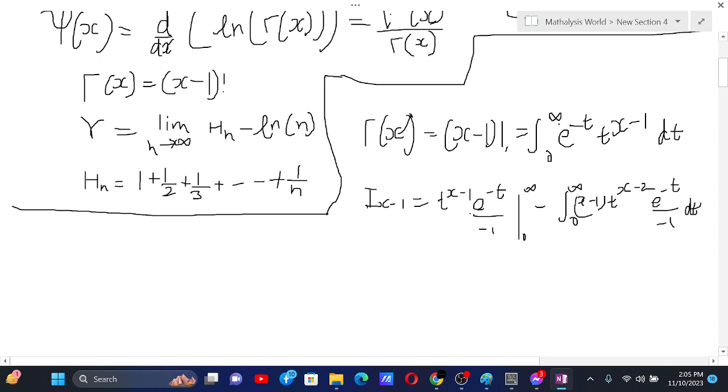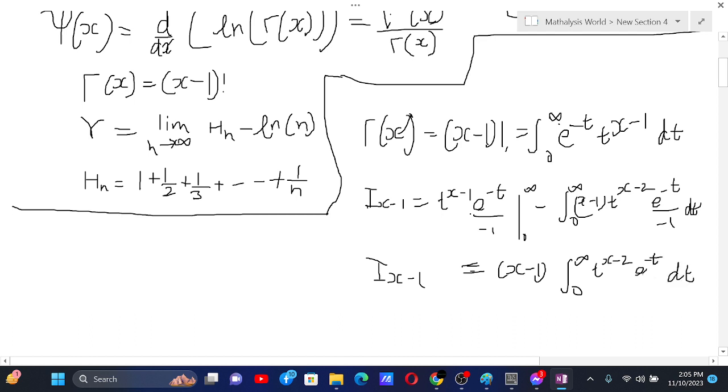Now at infinity, this e to the power minus t will just dominate the entire expression and go to 0, and at 0 we have this as 1 and this as 0, so it goes to 0, and this minus multiplies with minus to give plus. So I of x minus 1 is just plus x minus 1, which comes out, times the integral from 0 to infinity of t to the power x minus 2 times e to the power minus t dt.